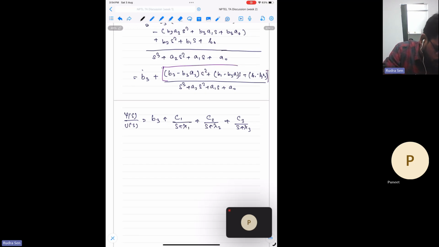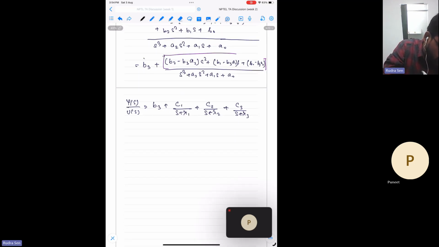After getting the values of c1, c2, c3, you multiply by U(s): b3 U(s) plus c1 U(s) divided by s plus lambda 1, plus c2 U(s) divided by s plus lambda 2, plus c3 U(s) divided by s plus lambda 3.